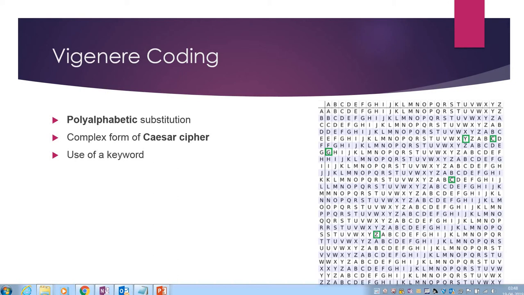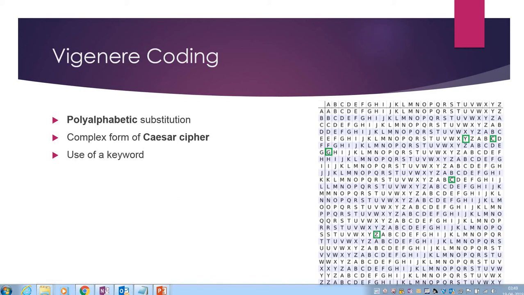For the time being you can just consider it a very complex form of Caesar coding, and it is also known as poly-alphabetic substitution, because it does not involve substituting a single letter by just moving it through some known number of positions.